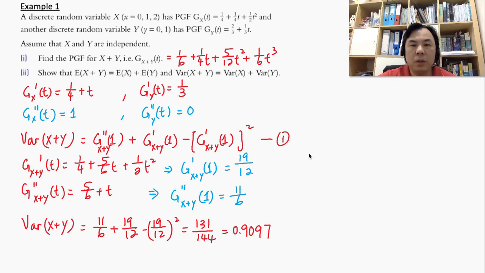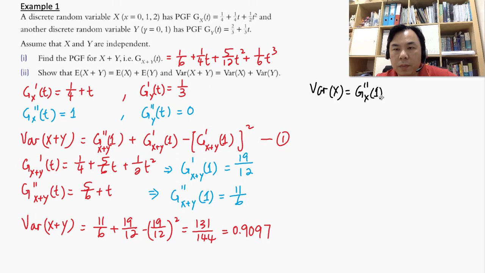Now, lastly, we just need to verify the sum of the individual variances. So for the variance of X, it is the second derivative of X at 1, sorry, the first derivative, and then subtract off the first derivative squared.